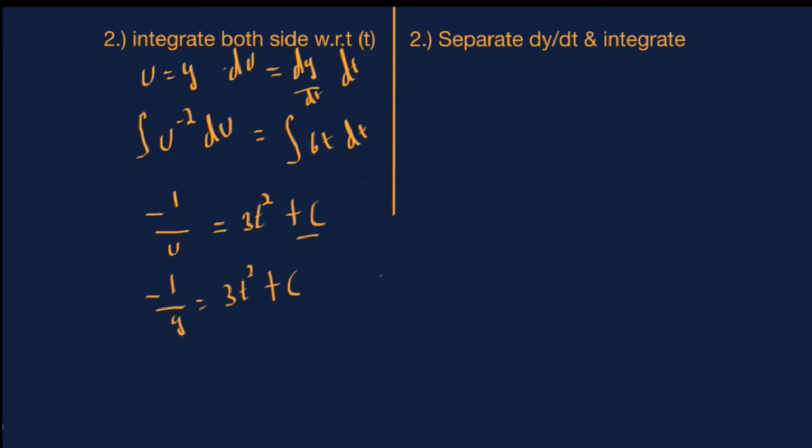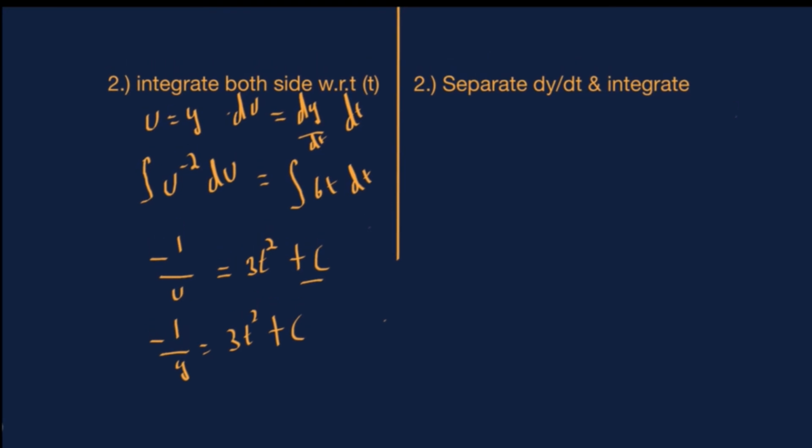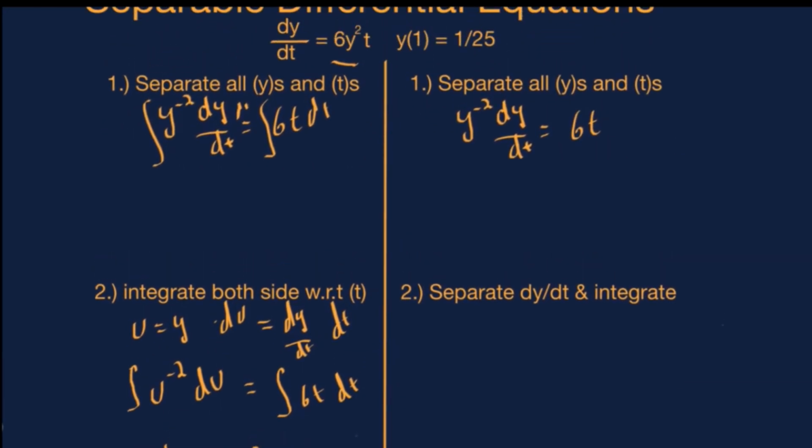But if we were to use the other method, we would separate the derivative dy over dt. So when we do that, we get y raised to the negative 2 dy is equal to 6t dt. And then we integrate both sides like this.